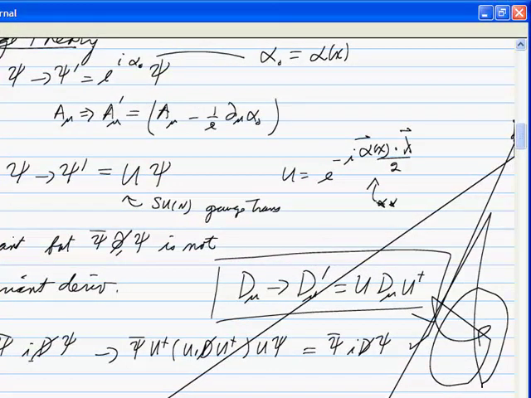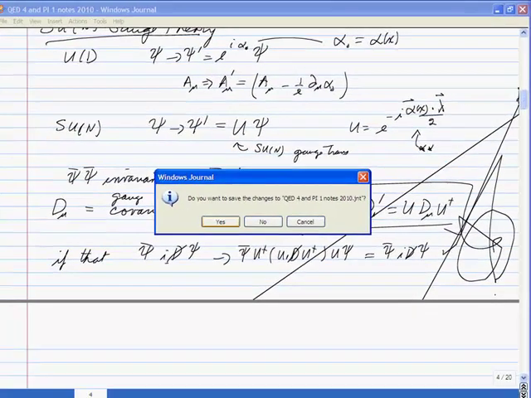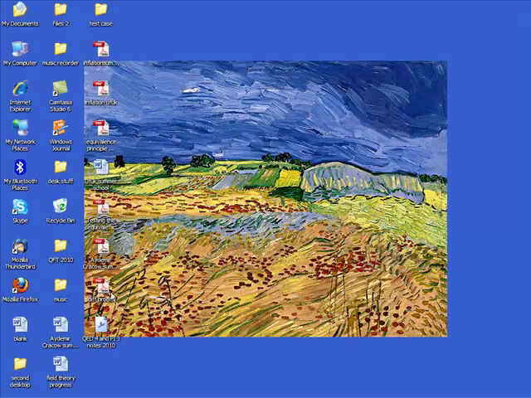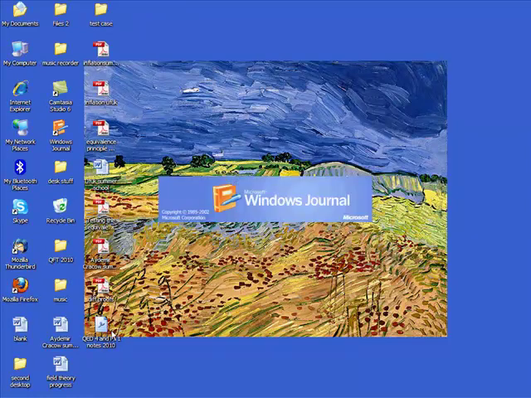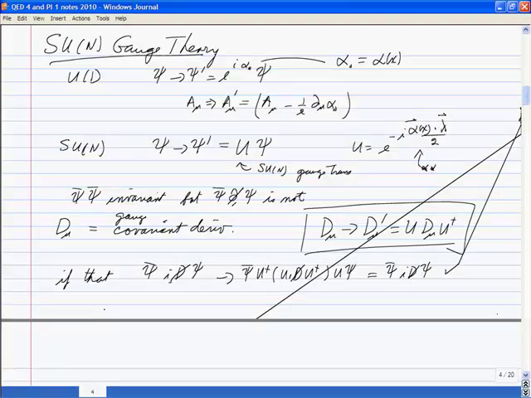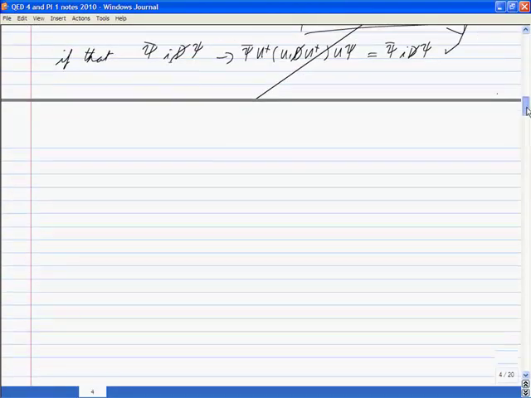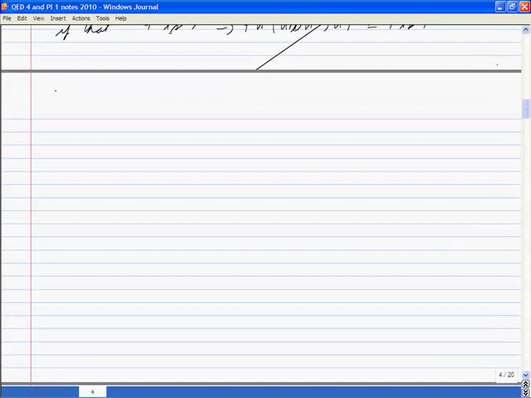All right, let's try the following. Okay, so let's construct it. Well, just like before, D mu is going to involve the derivative operator.